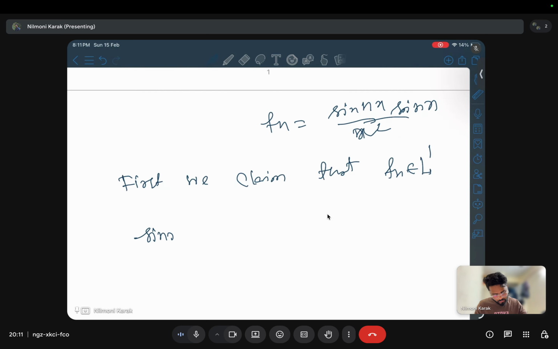Now one thing, sin x by x goes to 1 as x tends to 0.